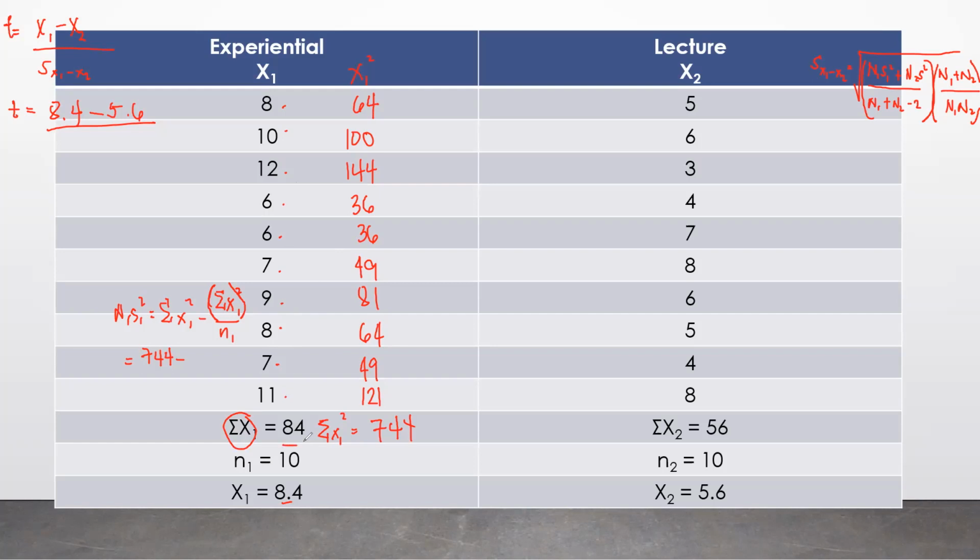Check that with your calculator. Baka nagkamali ako sa pag-add, baka hindi tayo parehas ng answer. Baka hindi 84 ang sa inyo ha. Pero you check. Okay, let's recheck. 8 plus 10 plus 12 plus 6 plus 6 plus 7 plus 9 plus 8 plus 7 plus 11.